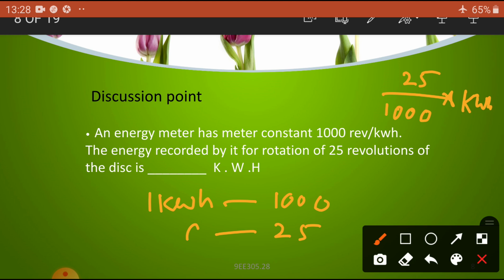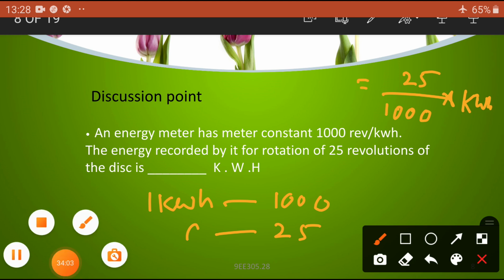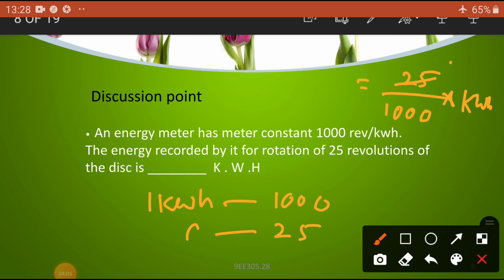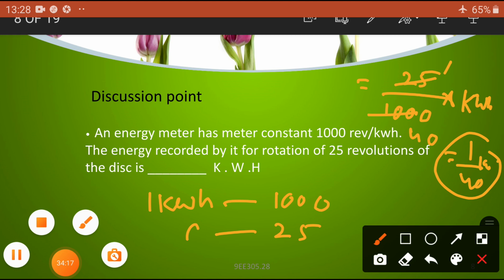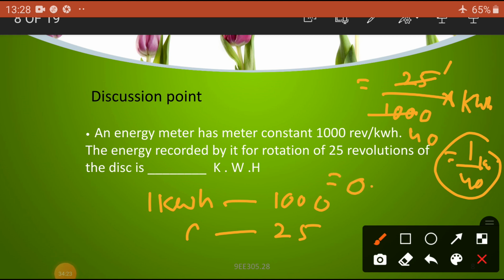So 25 ones are 25, 25 fortieths are 1000, so 1 by 40 kilowatt hour. This is the energy consumed. Or you can simply say 0.025 kilowatt hour.